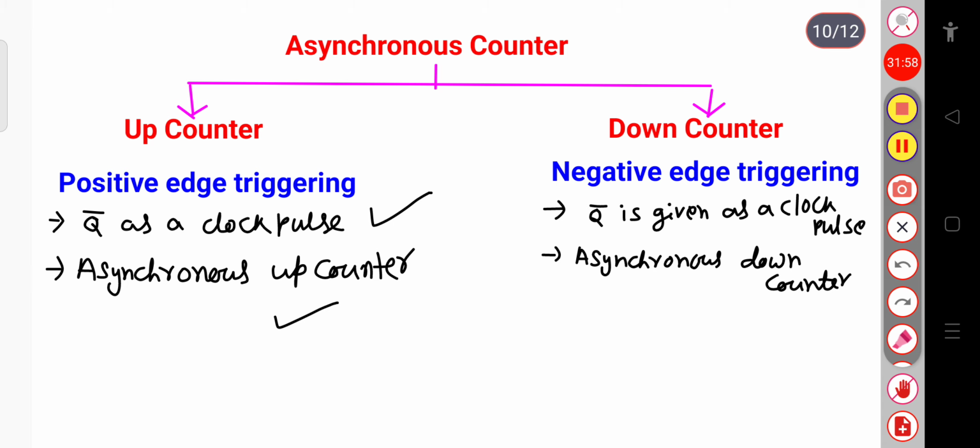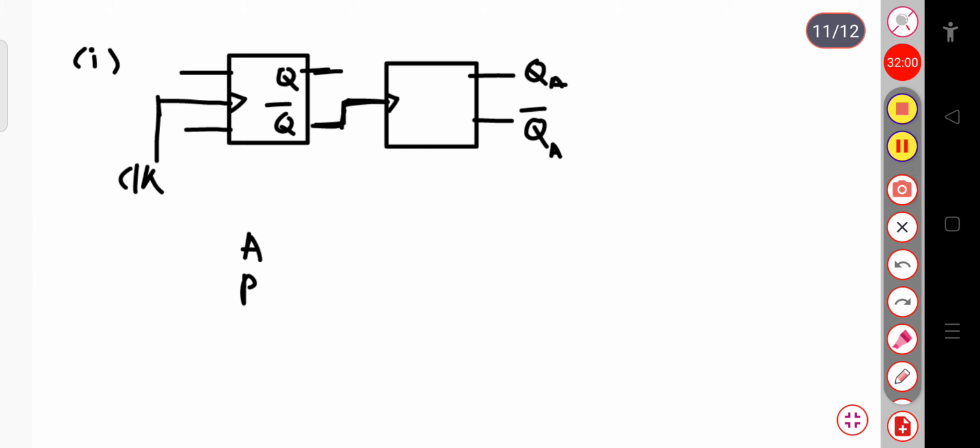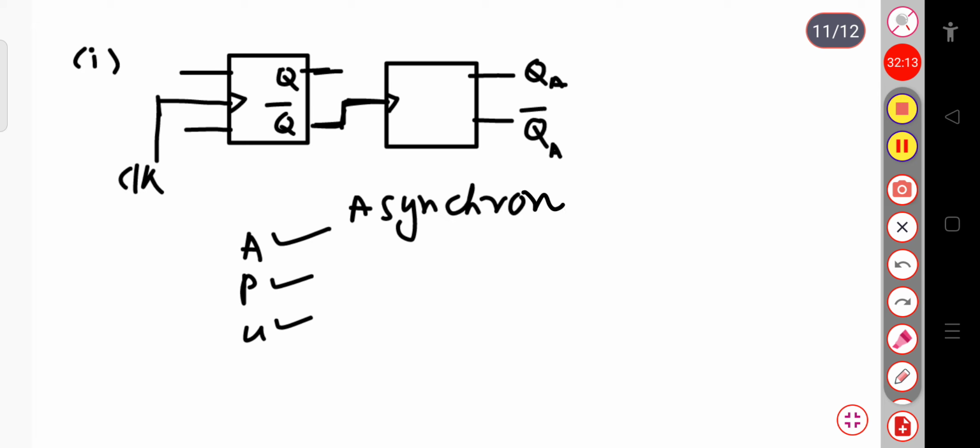Now we can say that this is an asynchronous positive edge triggered up counter. Is that clear? This will be asynchronous positive edge triggering, positive edge up counter. Okay.